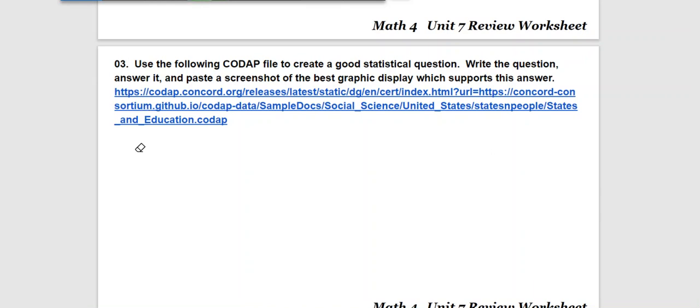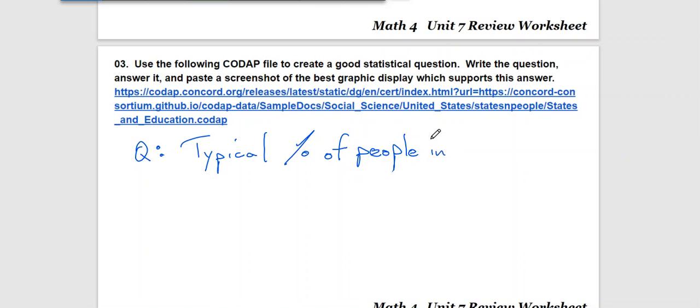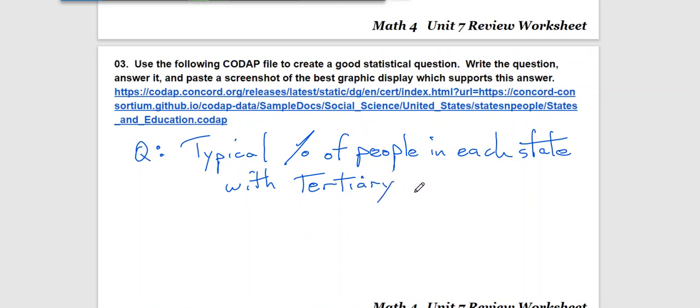So our question here is going to be, what is the typical percentage of people in each state with tertiary, there's a new word for your vocabulary, tertiary educational experience.